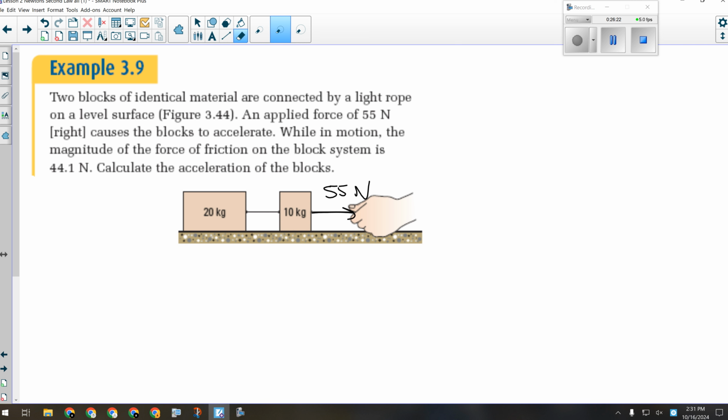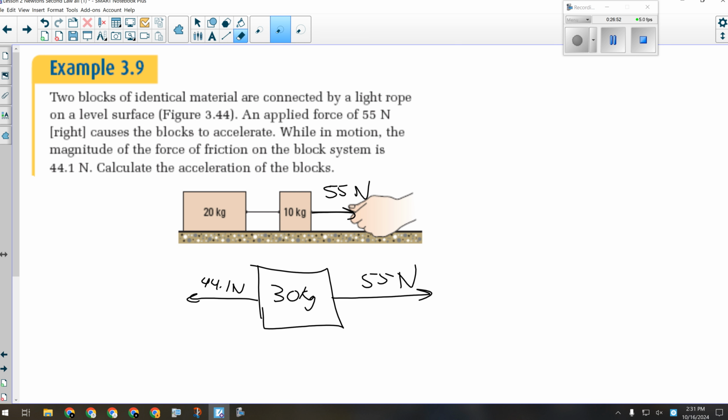If they're going to move together and do exactly the same thing, I can represent them as a single mass. When I'm being asked about the whole system, I can do that. So there would be 55 newtons going to the right and 44.1 newtons acting to the left.